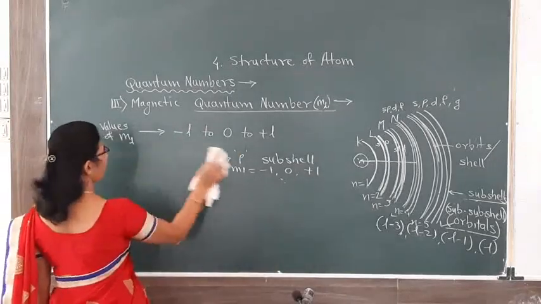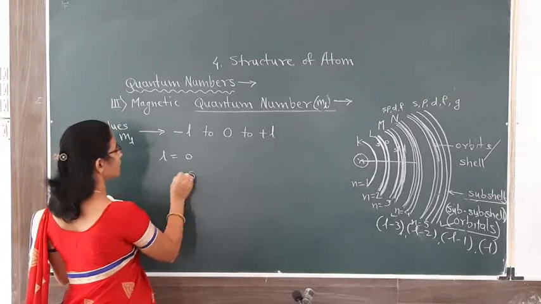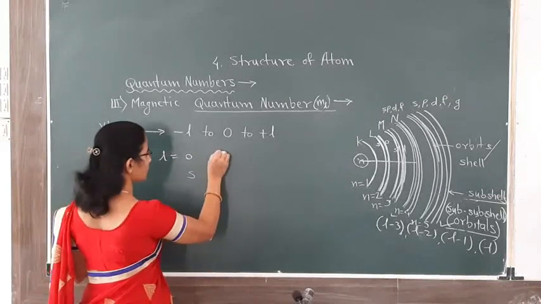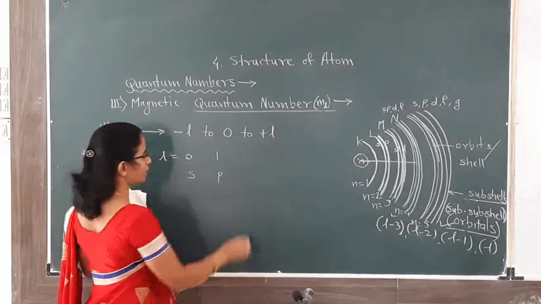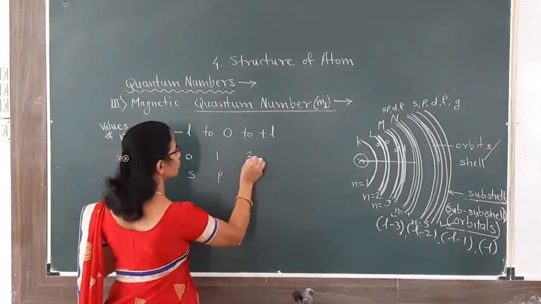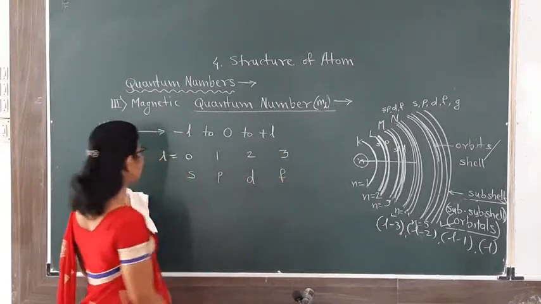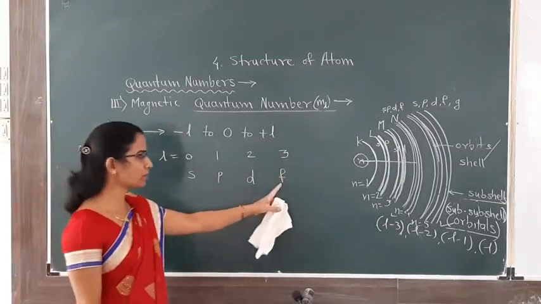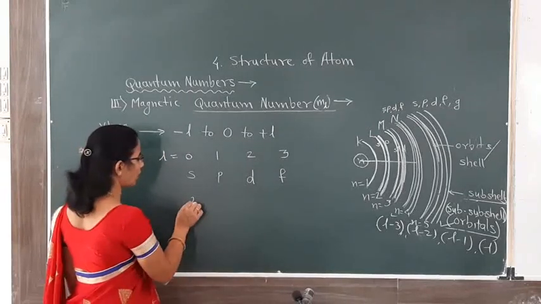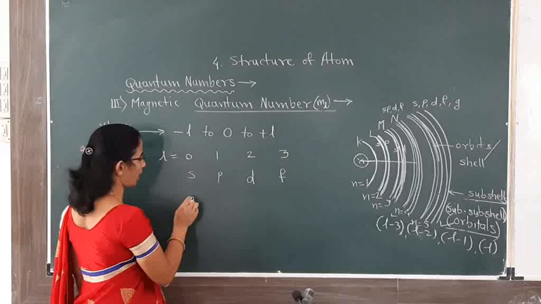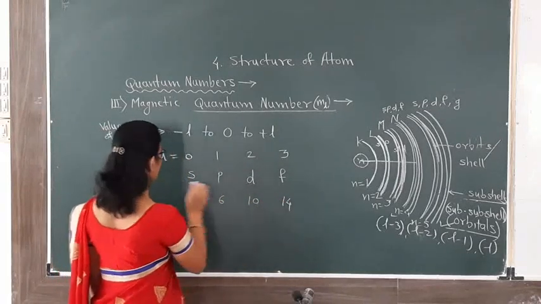So remember well, here if L is equal to 0, that subshell is named as S. If L is equal to 1, the subshell is named as P. If L is equal to 2, the subshell is named as D. And if L is equal to 3, the subshell is named as F. And again, the number of electrons in those subshells are 2, 6, 10 and 14.